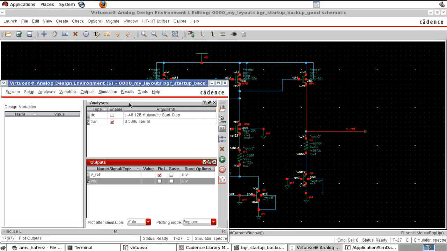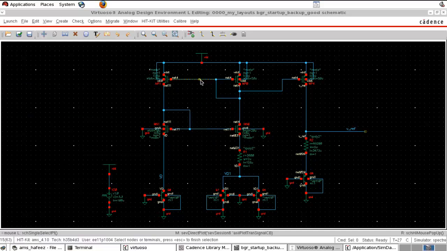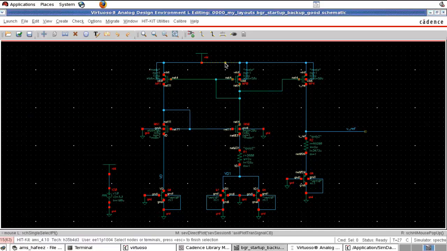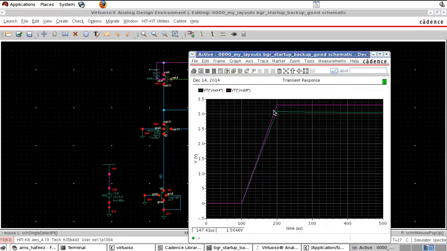So let us analyze the currents and the voltages also. I want to plot the voltage here. We said it will be very near to VDD, so we'll plot both VDD and this node voltage. You can see it is not exactly VDD but a little bit less than VDD; the difference between VDD and this node is near 0.25 or 0.3 volt.